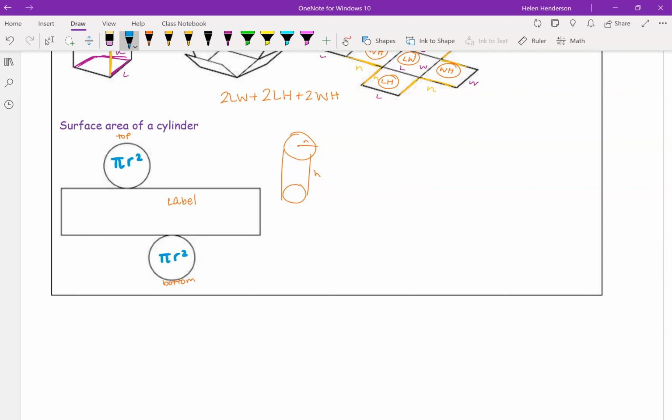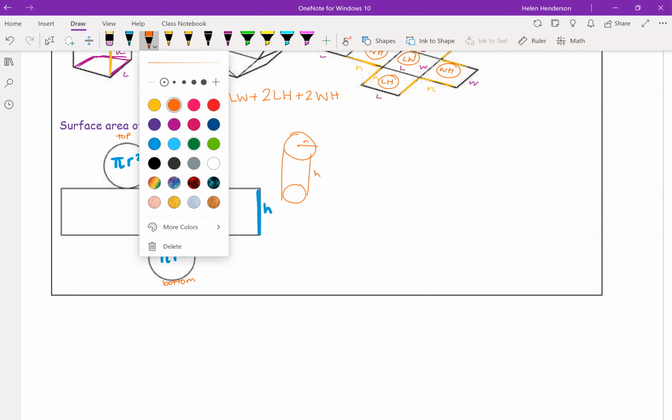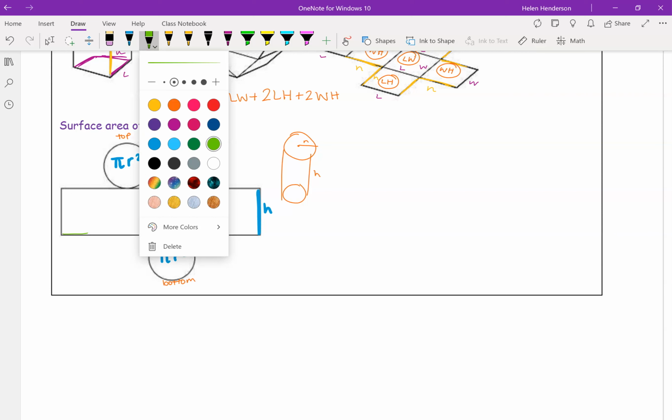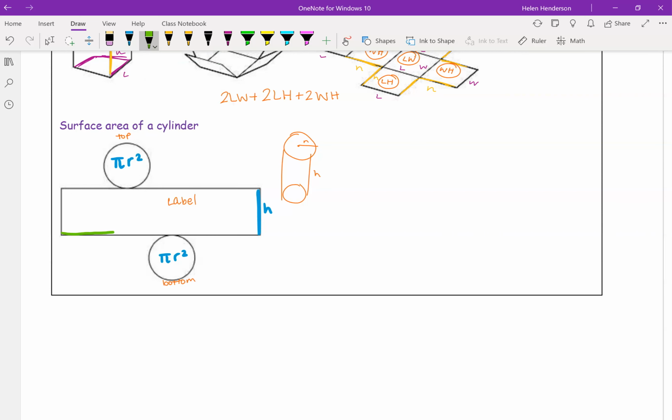And now for the label, we know how high it is. It's height. But how long is it? Oops, sorry, that's gotta be a little thicker there. How long is it? Well, it had to go around the whole can, so its actual length is the circumference of the circle.